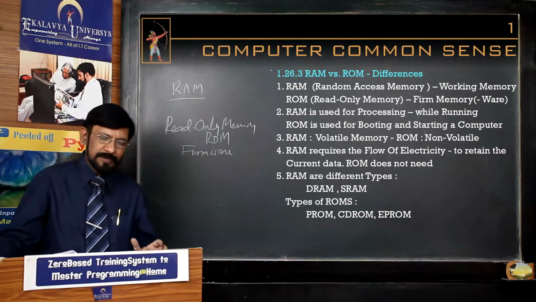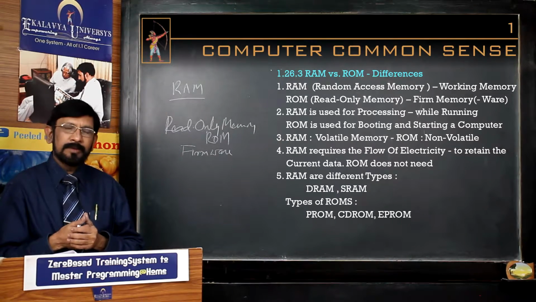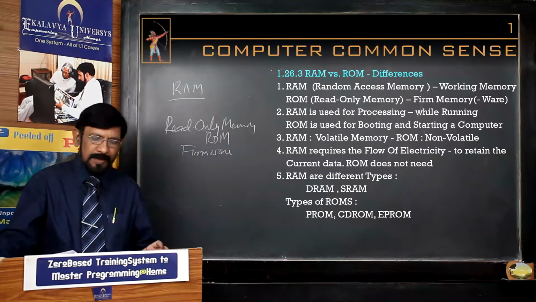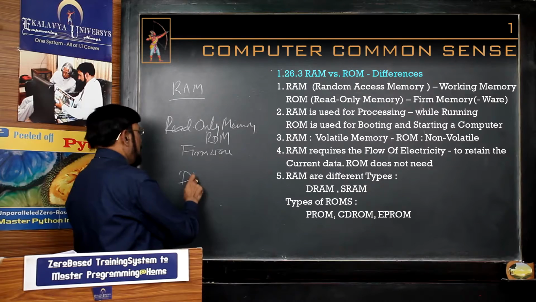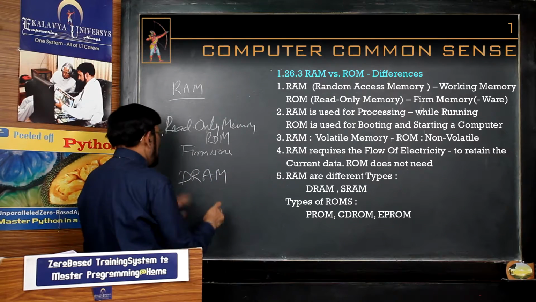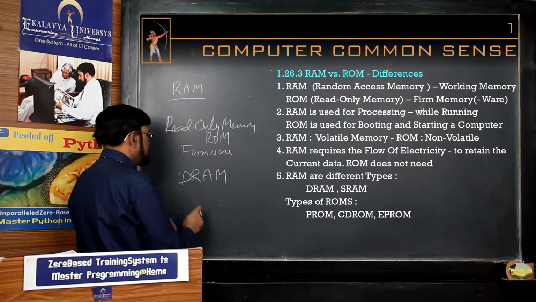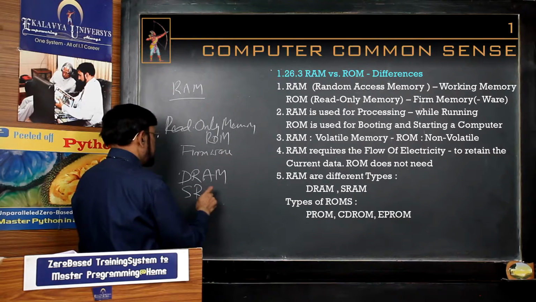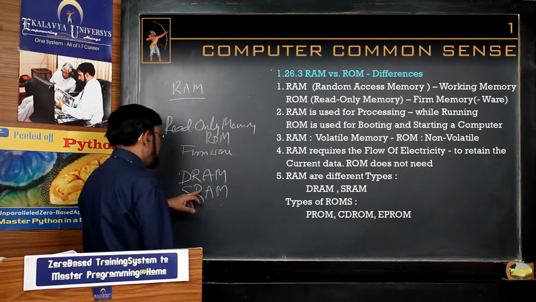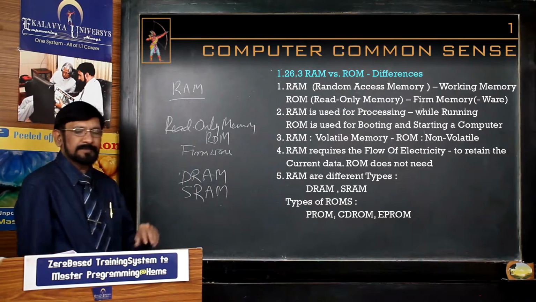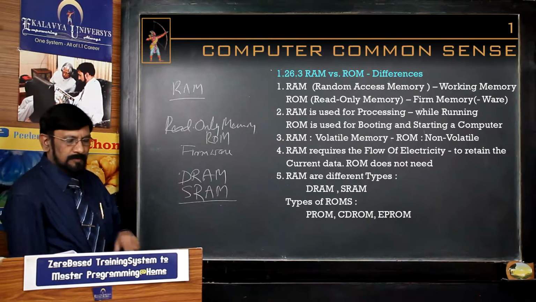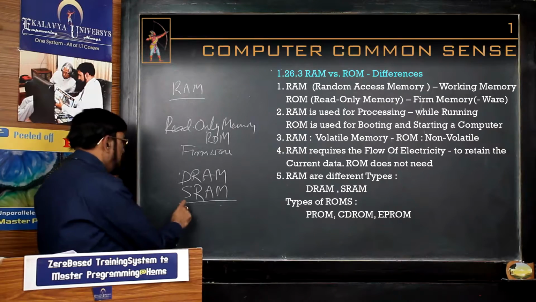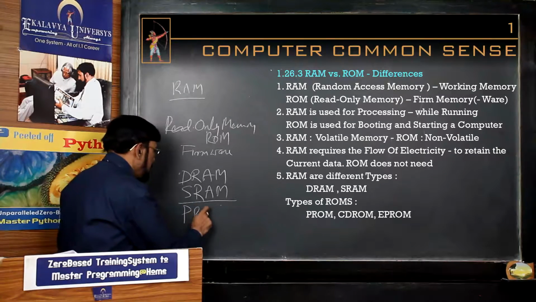The data in the ROM cannot be changed. Next thing is different types of RAMs are there. They are DRAM, dynamic random access memory, and SRAM, static random access memory. In the same manner, ROM also has certain categories.